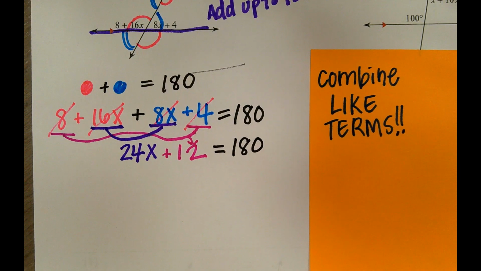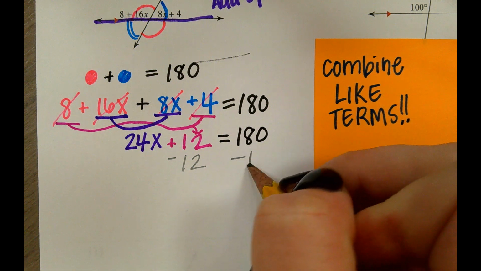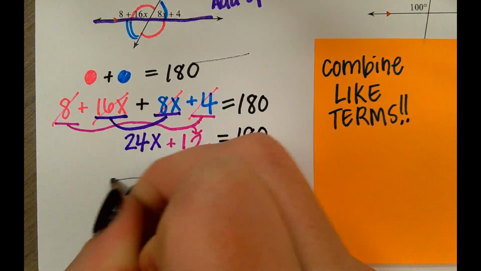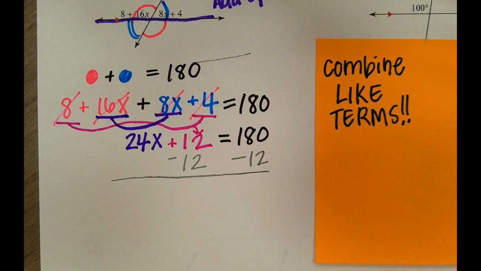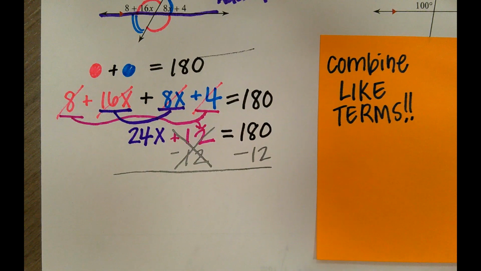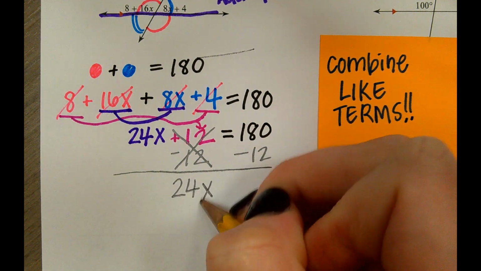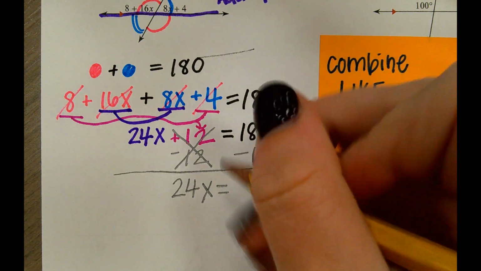Yes, now I can subtract 12 from both sides. Switch to pencil here. Minus 12, minus 12. We'll draw our line. Cross the 12s out. And what happens next? 24x equals, you said 168?